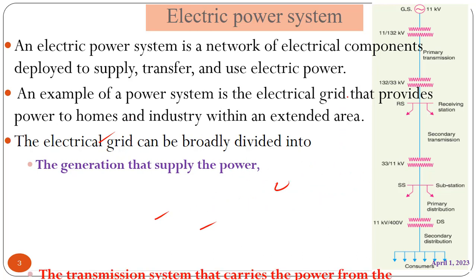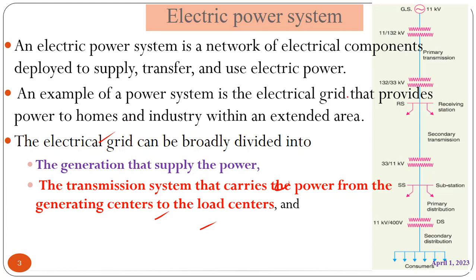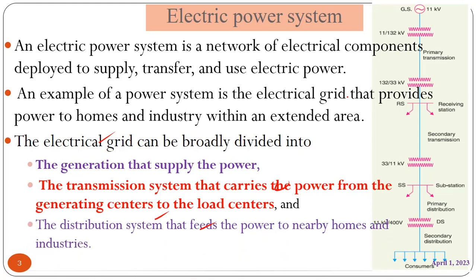The next one is the transmission system that carries the power from the generation center to the load center. The transmission system carries bulk power from the generation station to the distribution station. It is the link between the distribution station and generation stations, and it goes a long distance carrying bulk power.